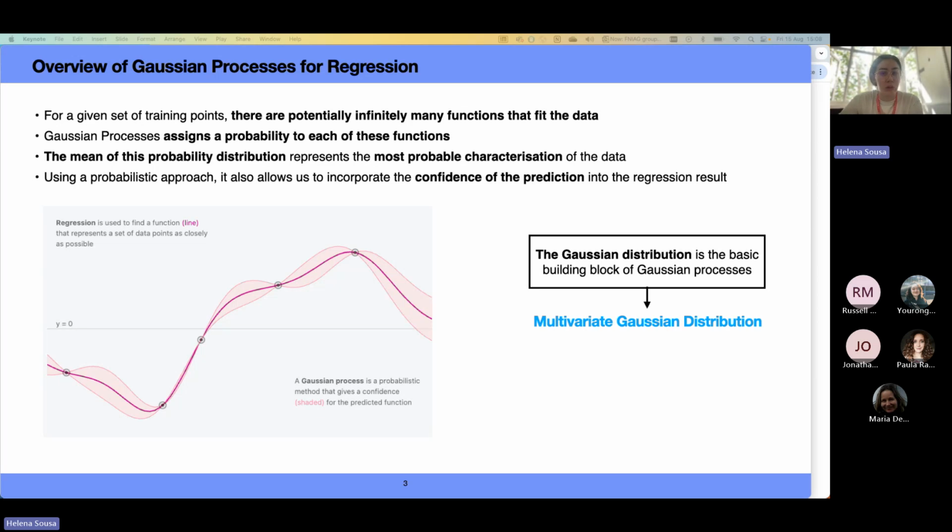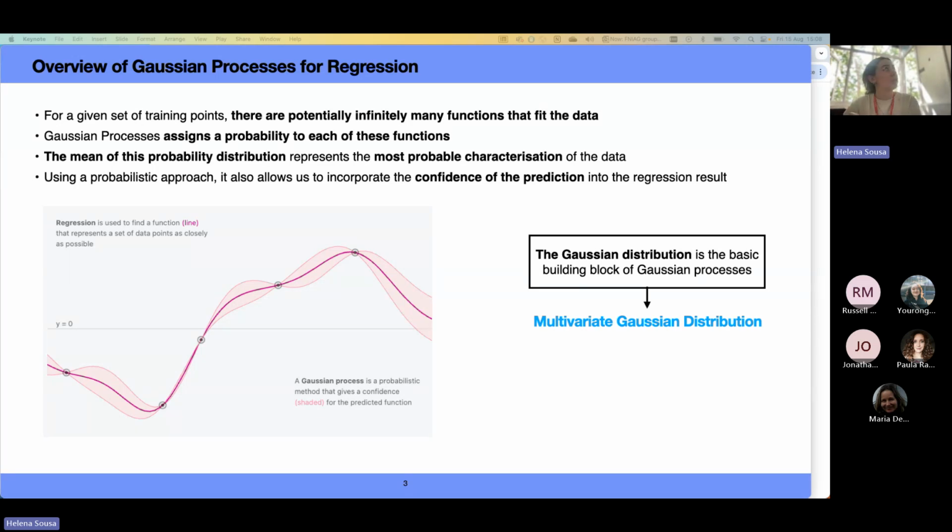Starting with an overview of what regression using a Gaussian process is, let's say that for a given set of training points, which is usually what we have as our data, we assume that there are potentially infinitely many functions that fit our data. What a Gaussian process does is assign a probability to each of these infinite functions of being the best fit to our data.